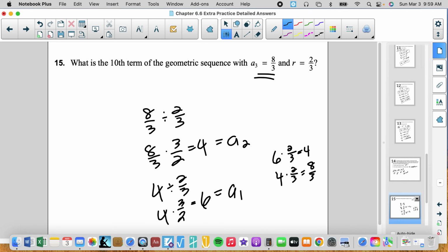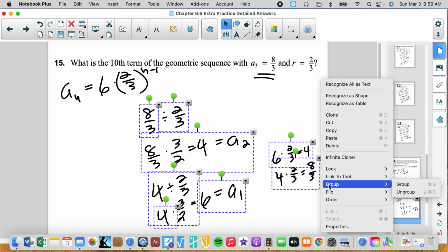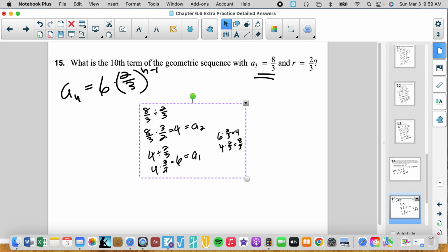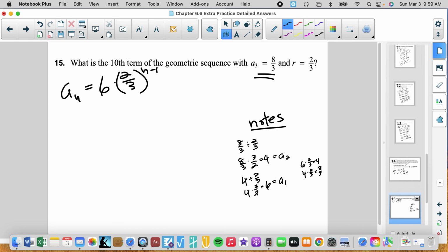Yes! All right, so we can write a sub n equals my first term, which is 6, times my ratio, 2/3, we need parentheses, n minus 1. So let's take these notes here. Let's grab them, group. Let's make it small. And this is my notes. Good.